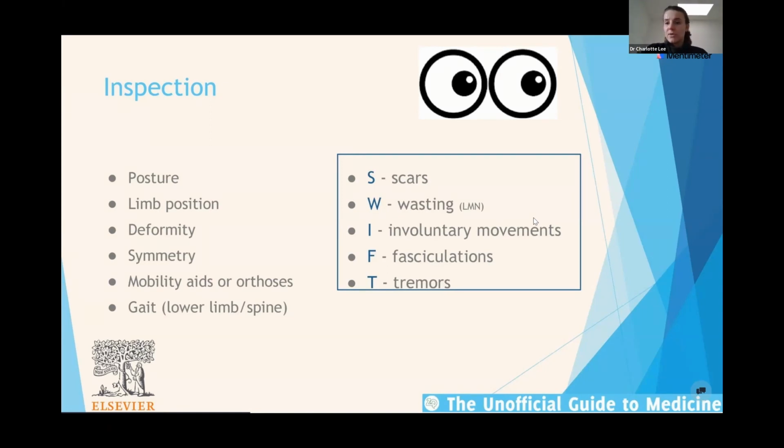Fasciculations are little ripples that you might see in the muscles, whereas involuntary movements are where the whole limb or part of the limb is moving. Or any tremors, and these might be a resting tremor, or when they go to move, an intention tremor, and there might be particular characteristics, so perhaps a pill rolling tremor, which is the classical tremor seen in Parkinson's disease.